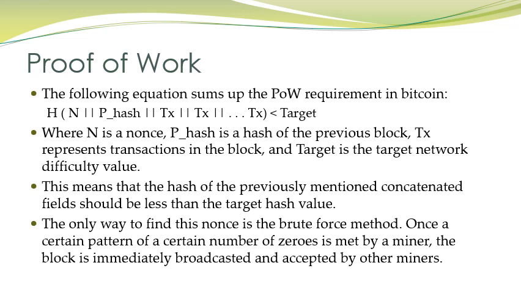The hash of the previous block is concatenated with the transactions and nonce, and one way to find the nonce is the brute force method. We try different nonce values so that the miner gets a hash less than the difficulty target.